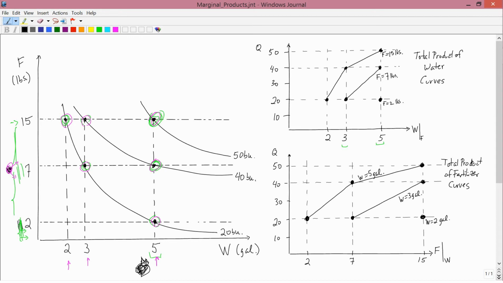For now, you can think of these as just being other geometrical ways of illustrating the three-dimensional diagram, which, as I said before, looks kind of like a hill or a mountain, illustrating that in just 2 dimensions. But we're going to see in the next lesson, and further along, that there are important economic interpretations of total product curves.